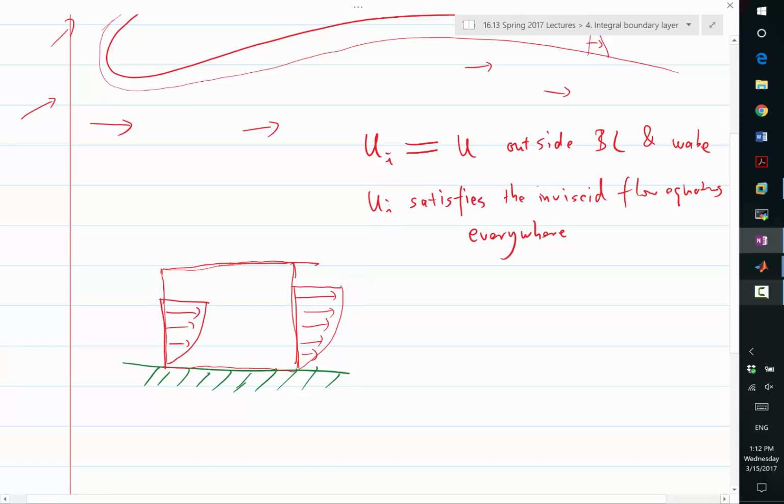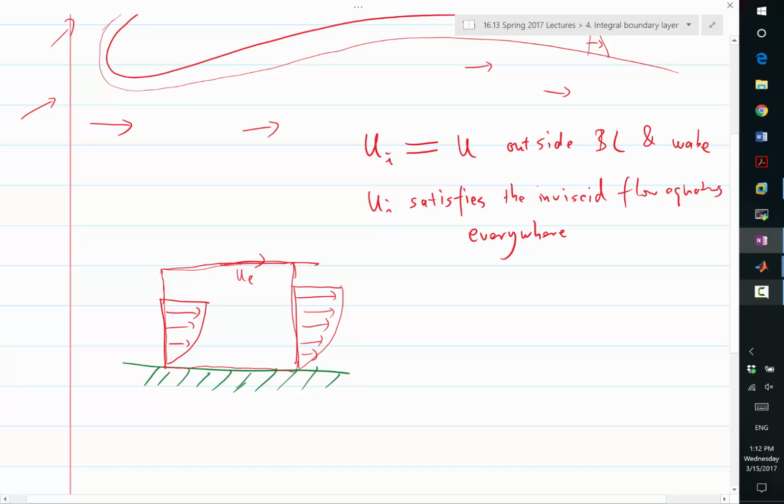What is the component of the true velocity orthogonal to the boundary of the control domain at the upper surface? It's equal to UE, right? So the x velocity here is UE.